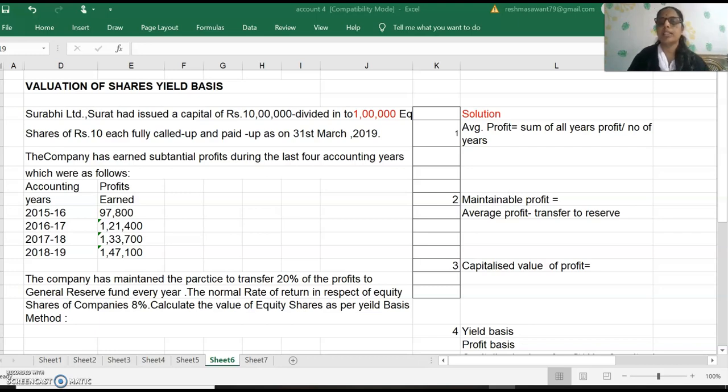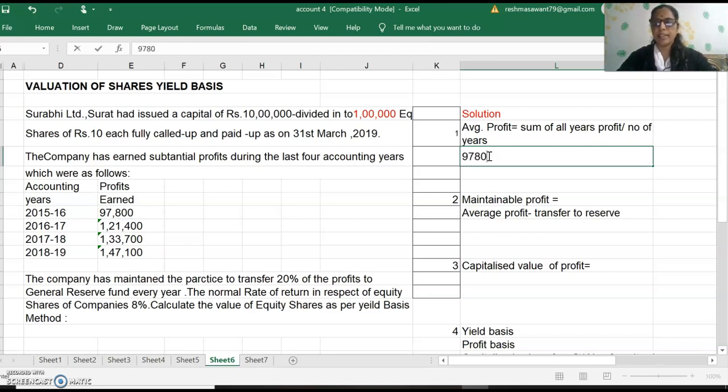Let's start with the solution of the average profit method. The first point, we have to calculate all years' profit divided by number of years, which gives you the average profit. So 97,800 for the first year, plus 1,21,400 for the next year 2016-17, plus 1,33,700 for 2017-18, plus 1,47,100.